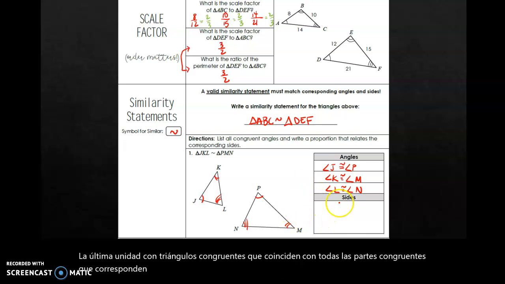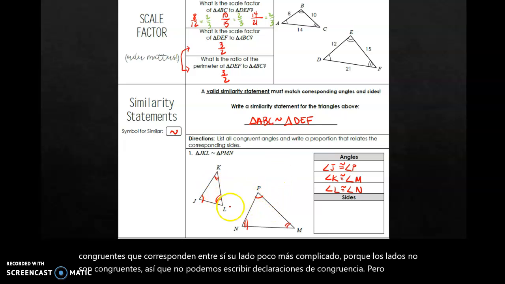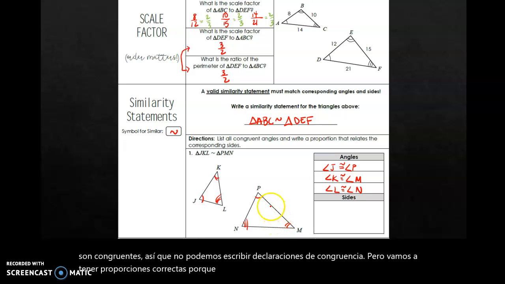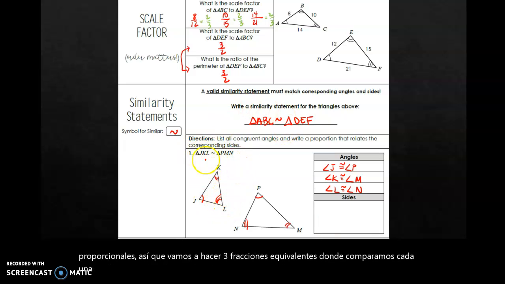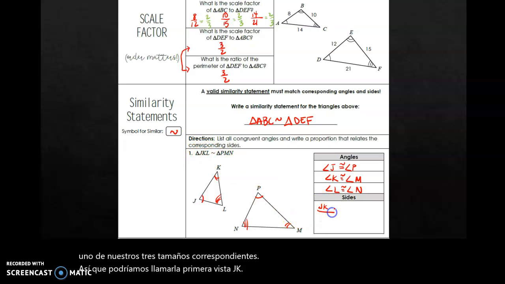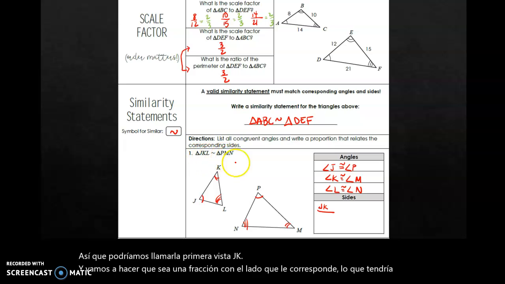Sides are a little trickier because sides are not congruent, so we can't write congruency statements, but we're going to write proportions because in similar figures, the sides that correspond are proportional. So we're going to make three equivalent fractions where we compare each of our three corresponding sides. We could call our first side JK, and we make that a fraction with the side that corresponds to it, which would be PM.